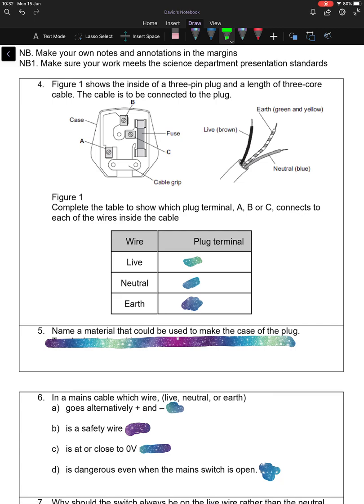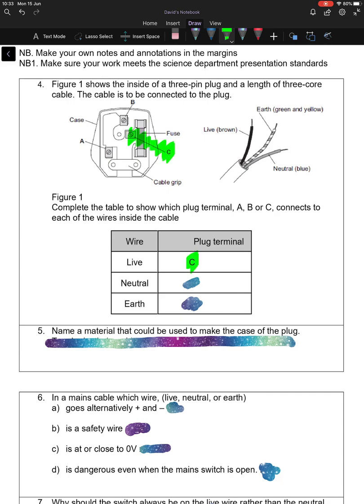Figure 1 shows the inside of a 3-pin plug and the length of a 3-core cable. The cable is connected to the plug. Complete the table to show which plug terminal A, B or C connects to each of the wires inside. So remember, left, right, middle. So the live wire is A, B or C?